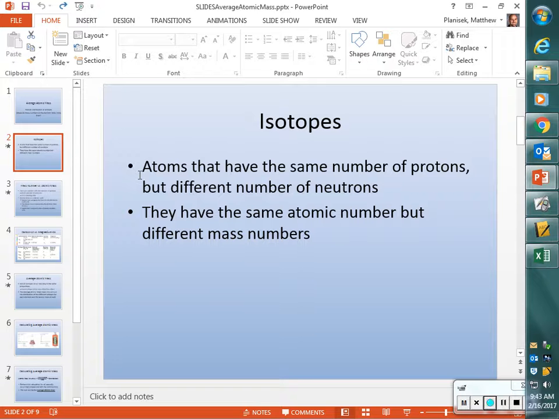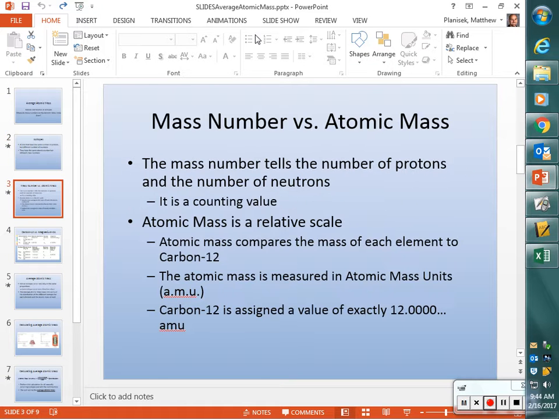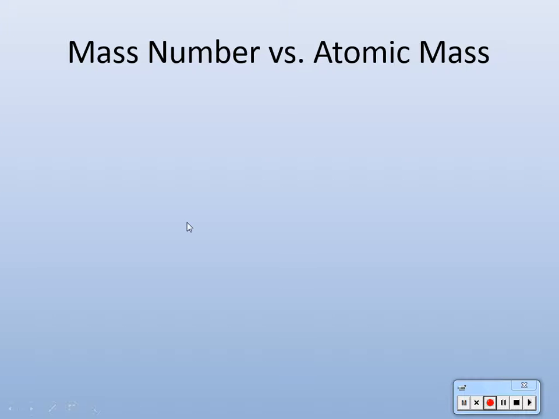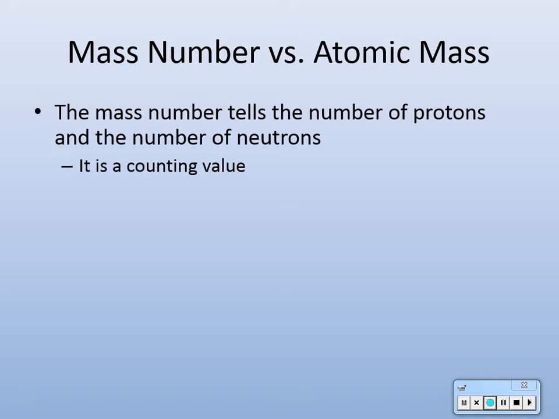Okay? All right. Good with that so far? Okay. So last unit, we learned about the mass number. And hopefully remember, mass number tells us what? The sum of the protons and the neutrons, right?